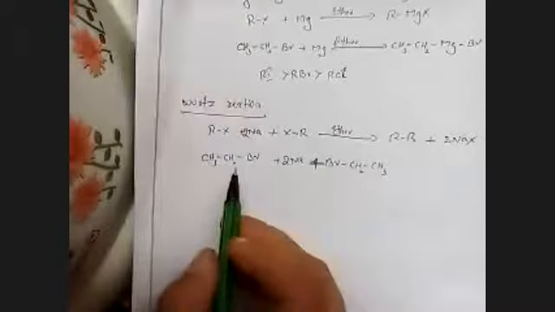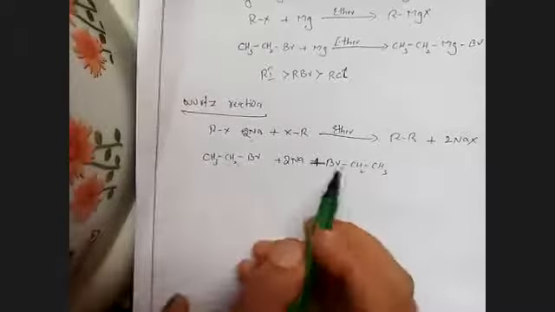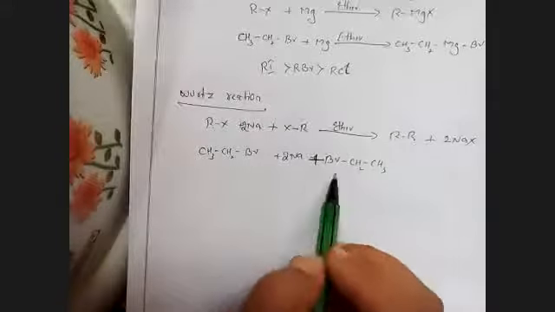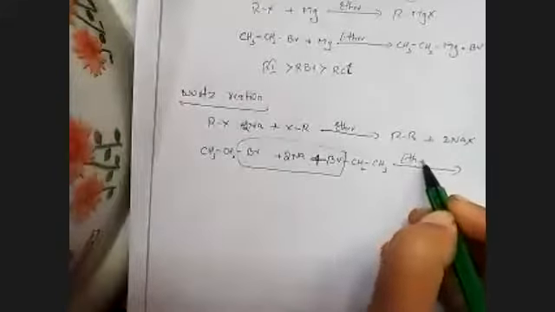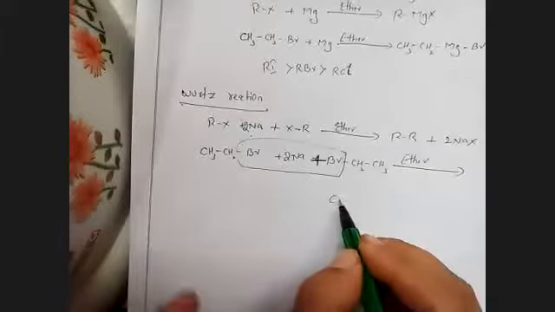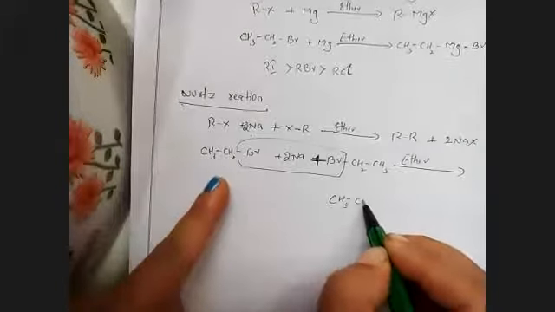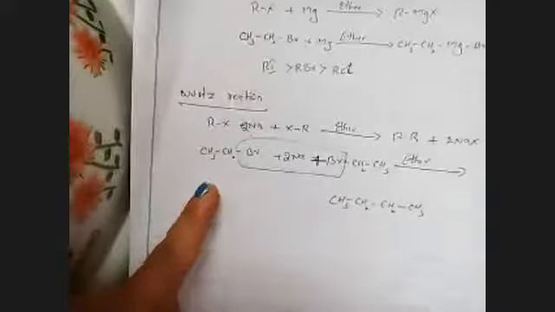We took two molecules of ethyl bromide. Why are we facing it opposite? Because it's very easy to split. In the presence of ether, I'll write the product down: CH3, CH2, CH2, CH3.